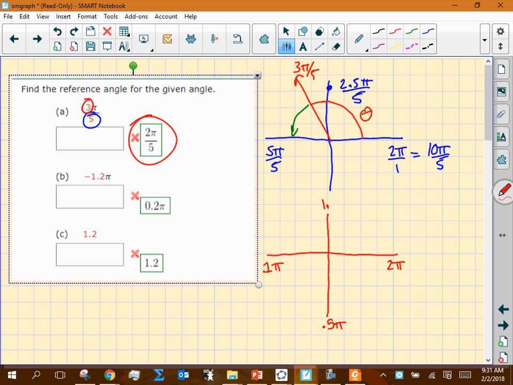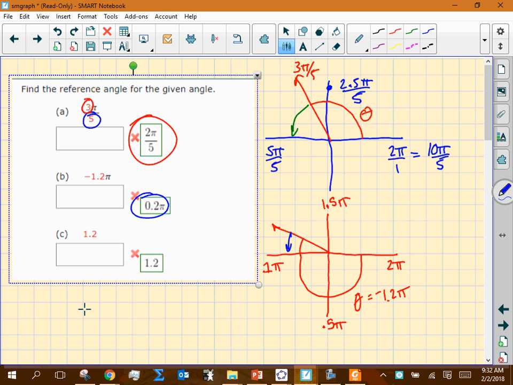And this is 1.5 pi, or 3 over 2. Does that make sense? So now it's negative, so I'm going in this direction. There's 1 pi, negative 1 pi, right? And then I need to go a little bit further, theta here is negative 1.2 pi. So what would be that theta bar that I need to get back down to 1 pi? It'd be this 0.2 pi.